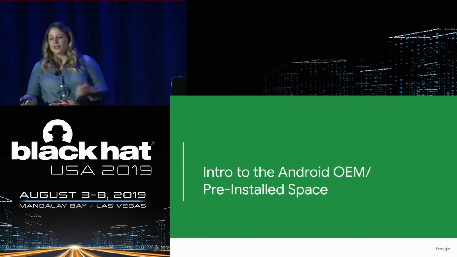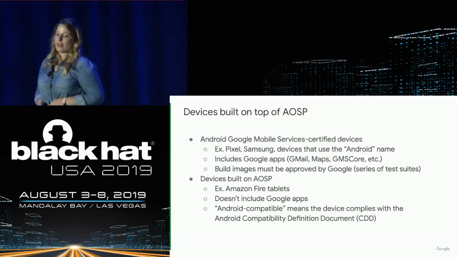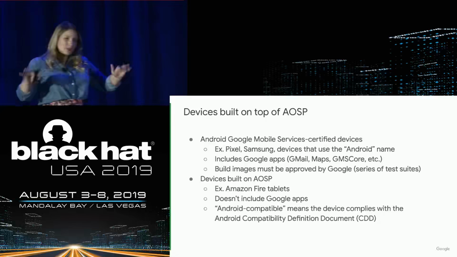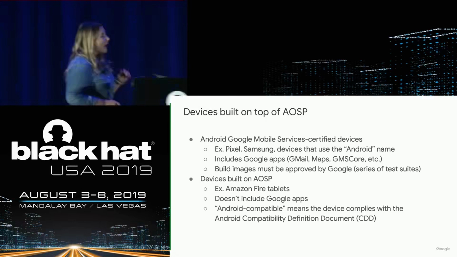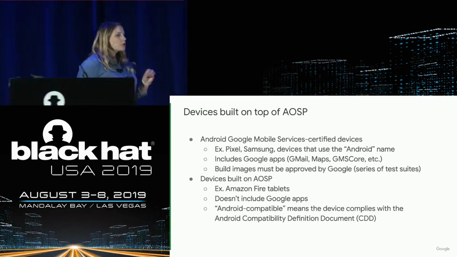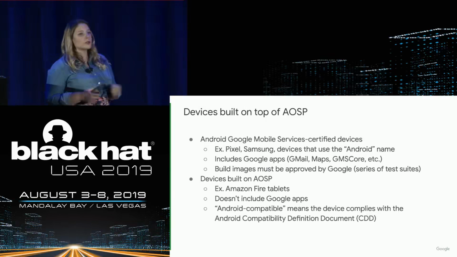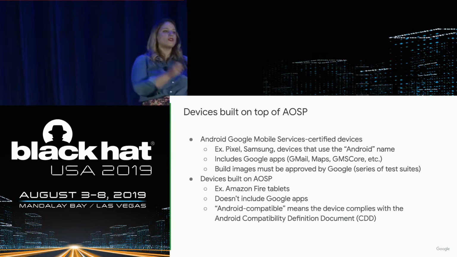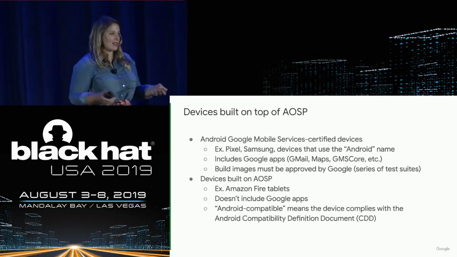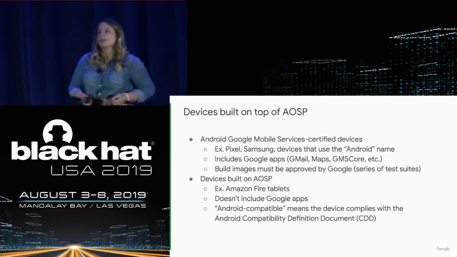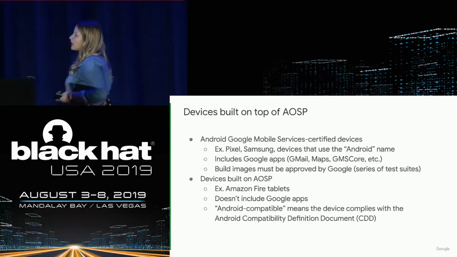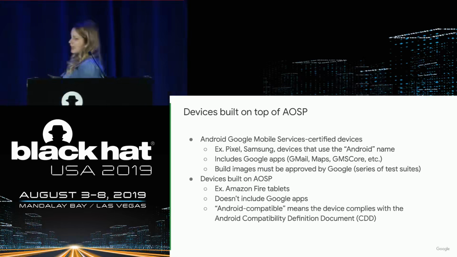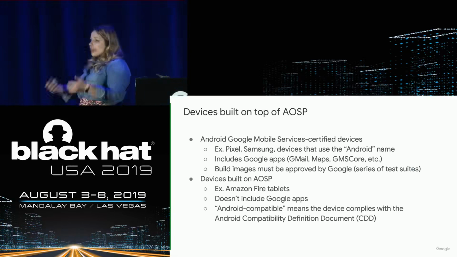So what does the Android OEM, the pre-installed space, look like? We can really separate it out into two different categories. You have the certified devices. Those are devices where the OEM works with Google and licenses all of the Google apps. So the device comes with Google Play, Gmail, GMS Core, things like that. In order to get that certification, they have to go through an approval process, which includes a bunch of test suites. However, there's the other category of devices.